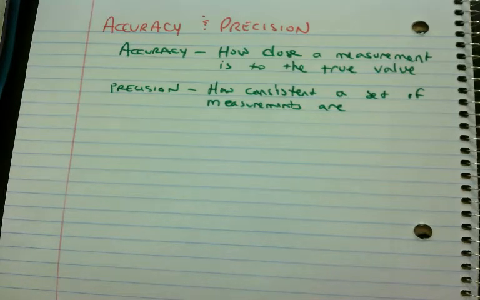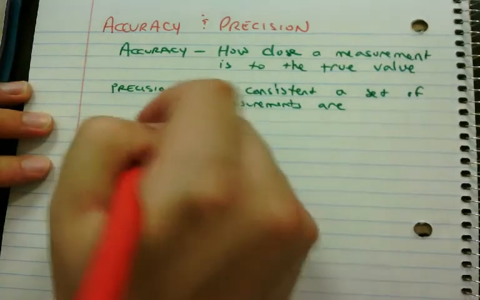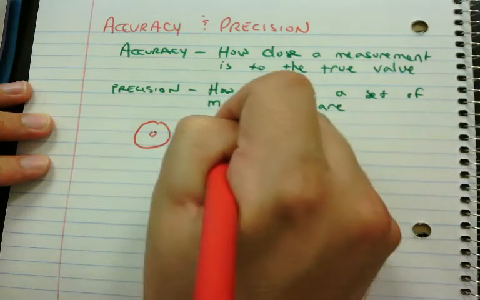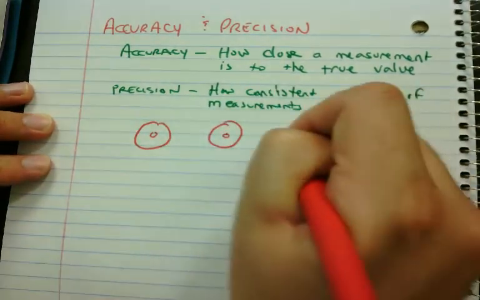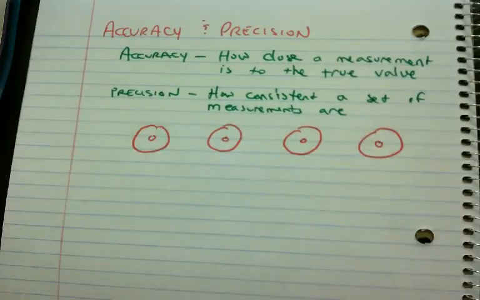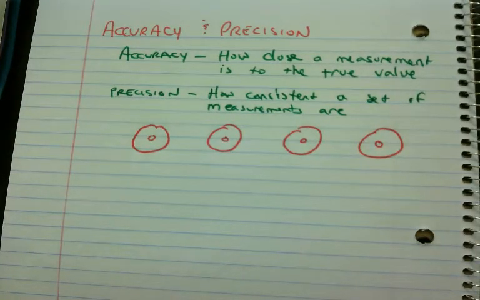And the easiest way that I have to illustrate this difference, and I think this is kind of what Brendan was talking about, is to imagine targets, like if you're shooting a bow and arrow at targets. We're going to use that to illustrate the idea of accuracy and precision.